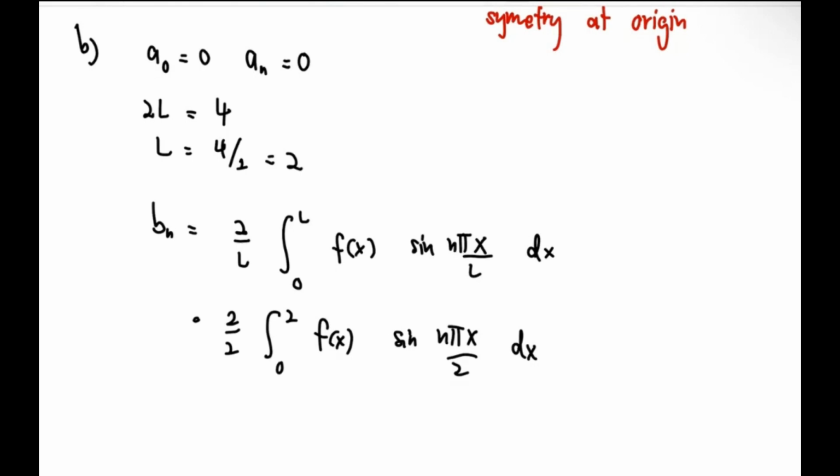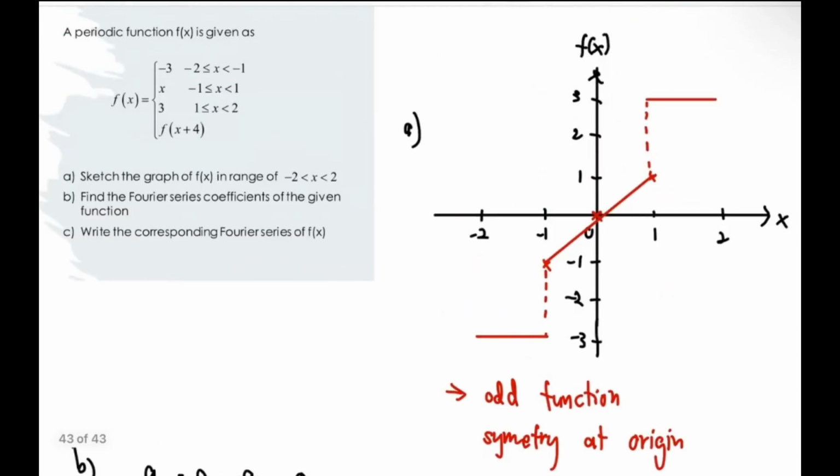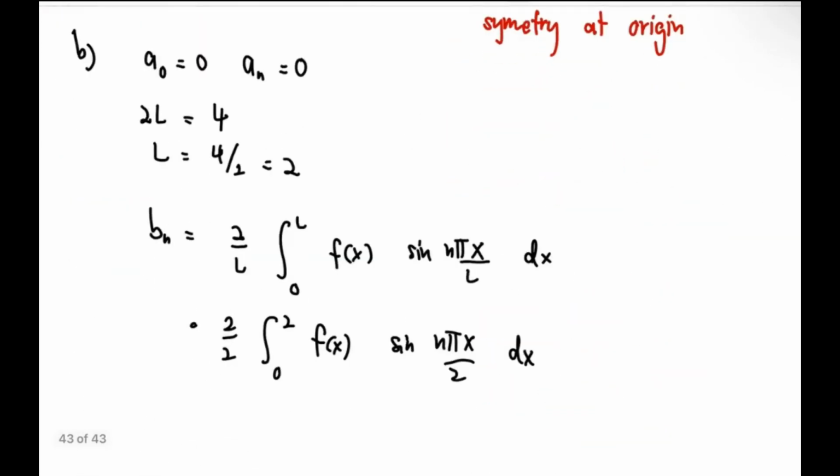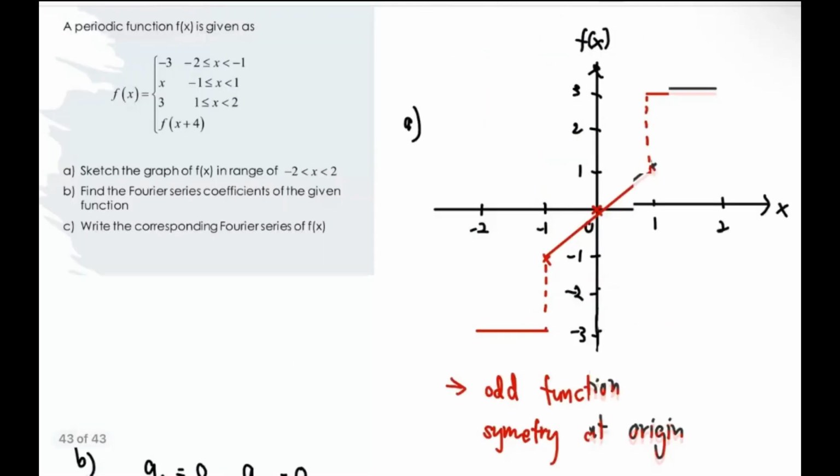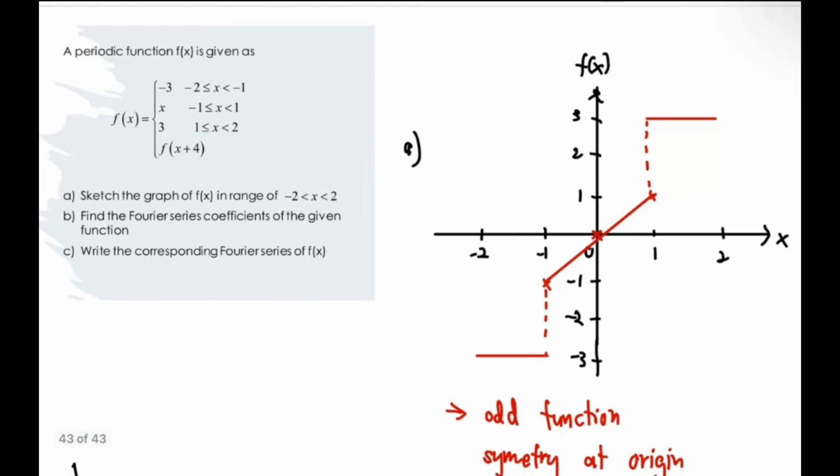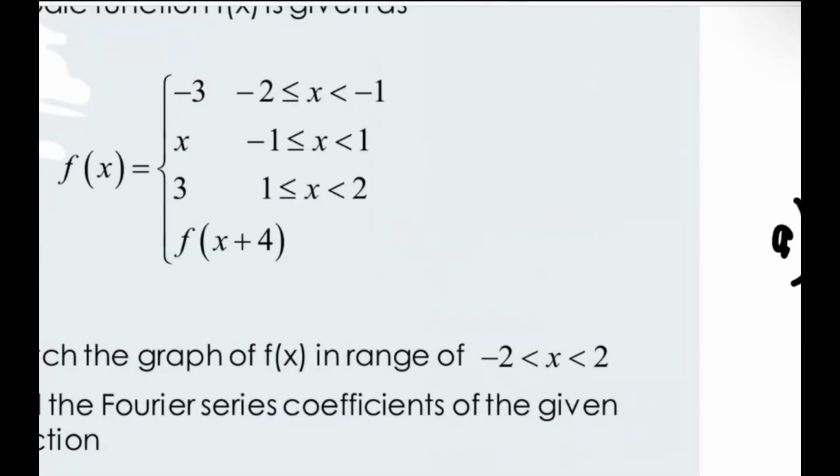So looking at the function from 0 to 2, what is the range? 0 to 2. So 0 is in this range. So we need to find integration from 0 to 2. So 0 to 1, and from 1 to 2.